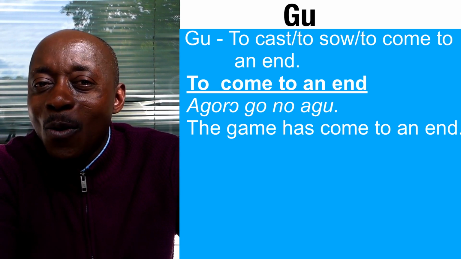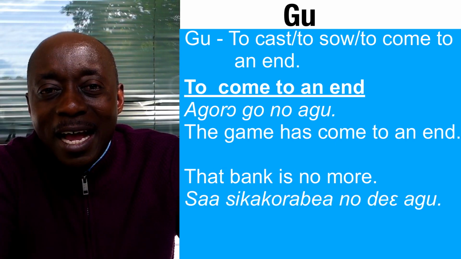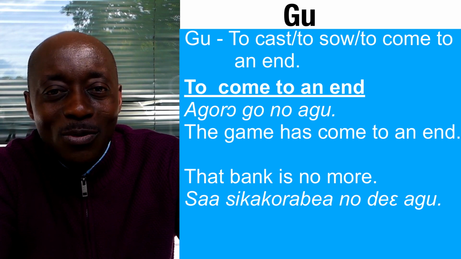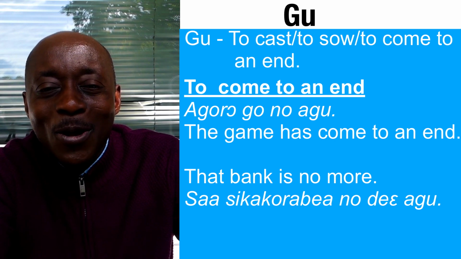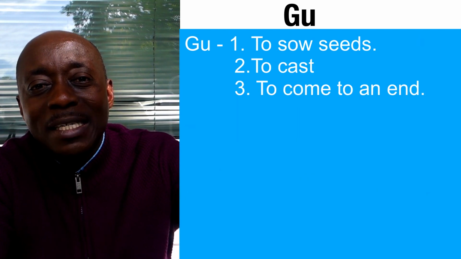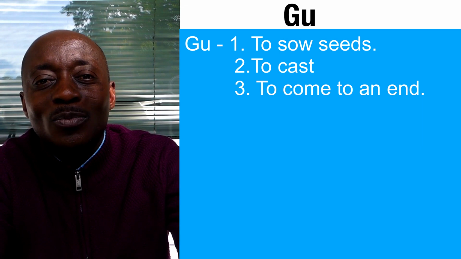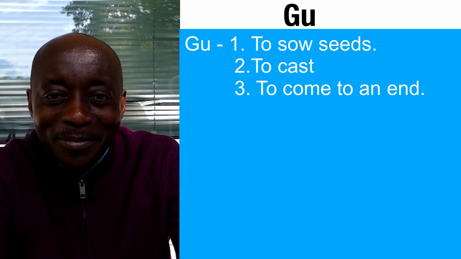I can say, oh, that bank is no more. In Twi, I will say sika krabia no de egu. That means it is no more. So when we say gu, it could mean to sow seeds, to cast, or to come to an end.